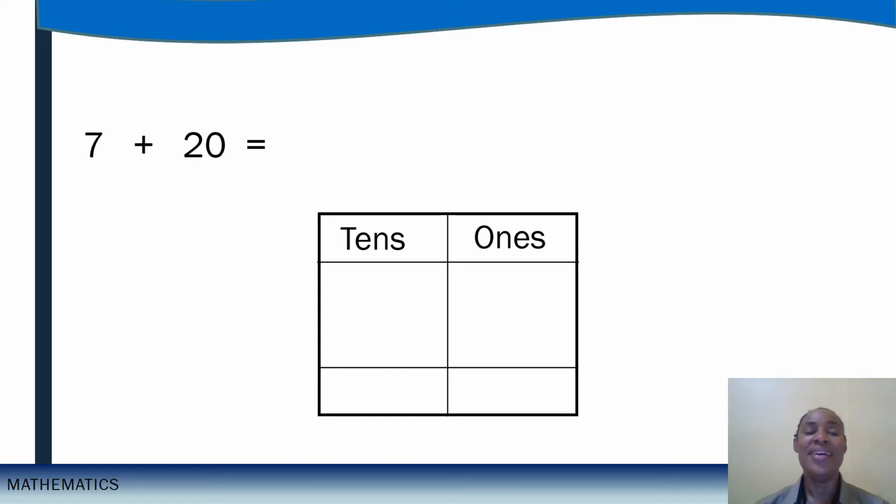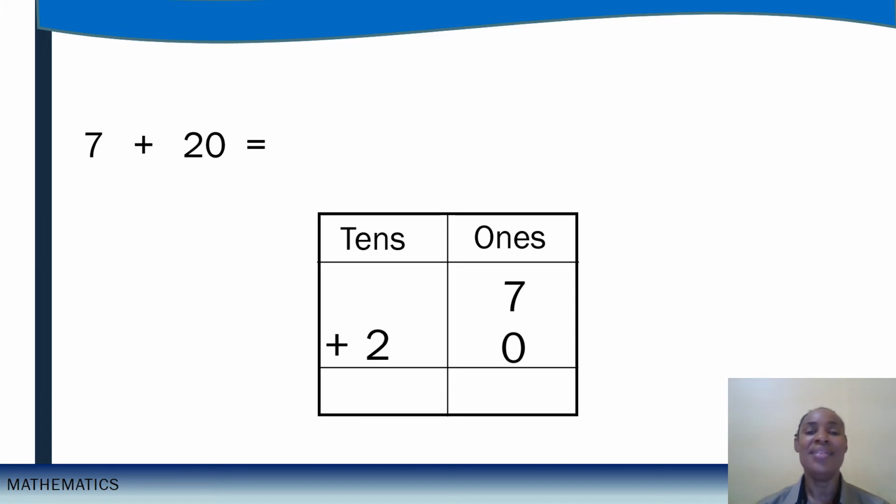We have 7 as our first number, and that is 7 ones. So we place 7 in the ones place. Next, we're adding 20 to 7. 20 has a value of 2 tens and 0 ones. So there we have it. 2 in the tens place and 0 in the ones place.